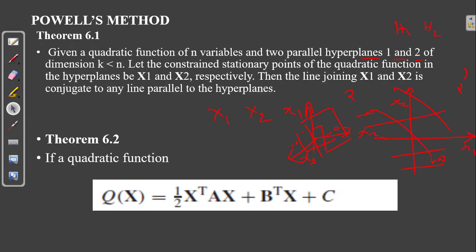This theorem states that if you search in the conjugate direction, you will get the optimum solution in a faster manner, or the convergence of this function will become faster.